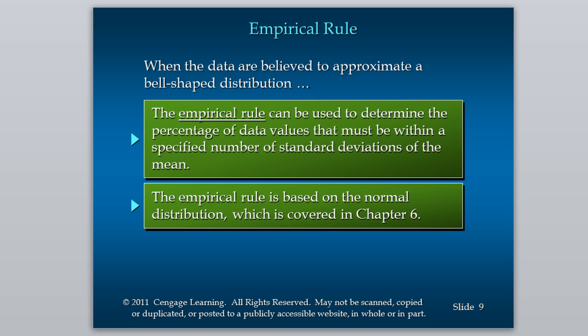Now, the empirical rule is very similar to Chebyshev. The empirical rule can be used to determine the percentage of data values that must be within a specific number of standard deviations of the mean. The empirical rule is based on the normal distribution curve, which will be covered in chapter 6. Chebyshev's rule is a bigger concept.